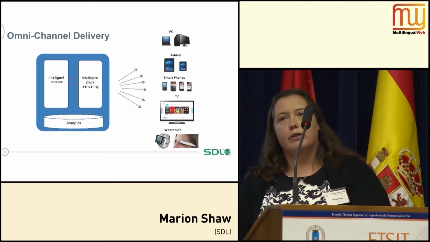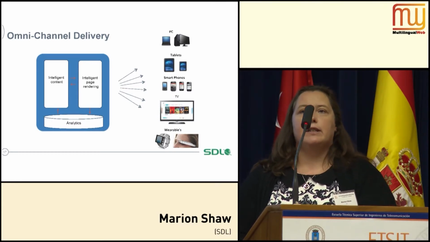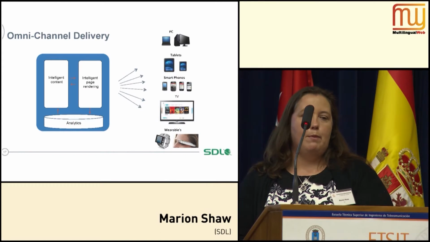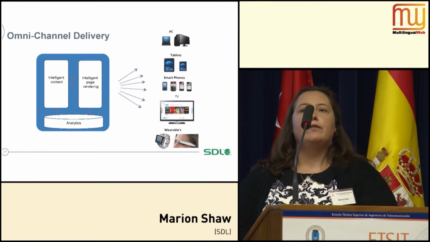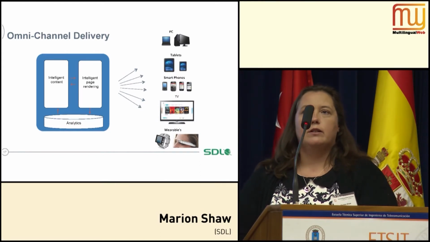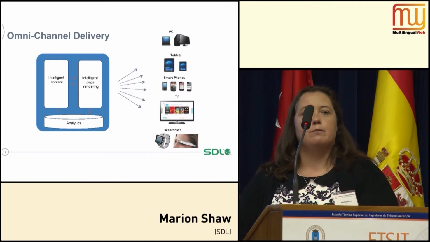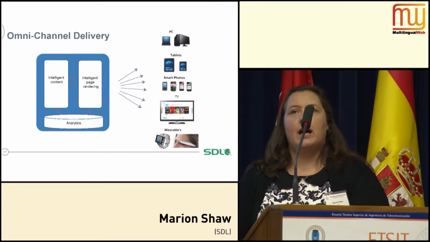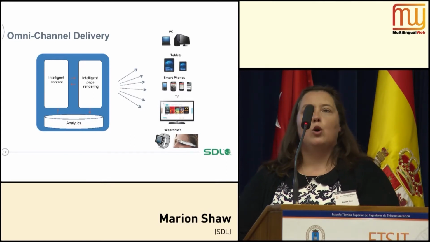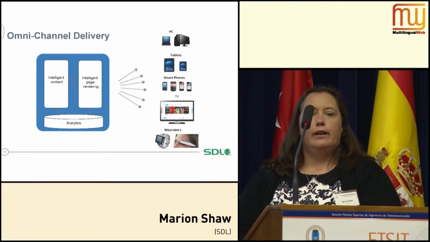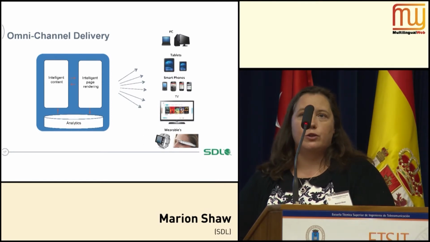Is it a big screen? Is it a small screen? Is it a touch screen? It also decides if you have GPS capabilities or not. And then it gives you the website you need on that device at that time. So you don't have to write 15 websites, one for each of the major devices in the market. You just have to tell the system what the devices are, and it decides what information to give to the person.